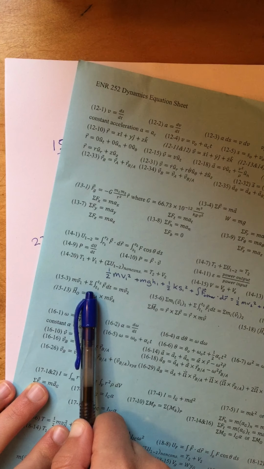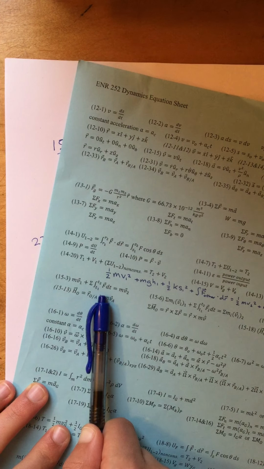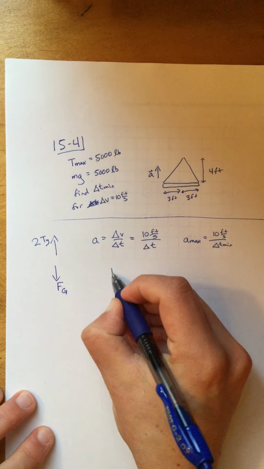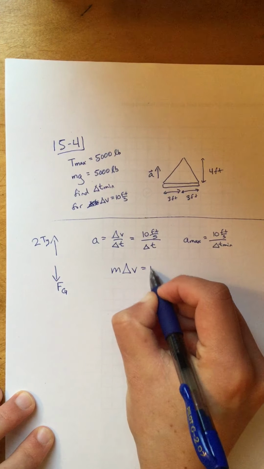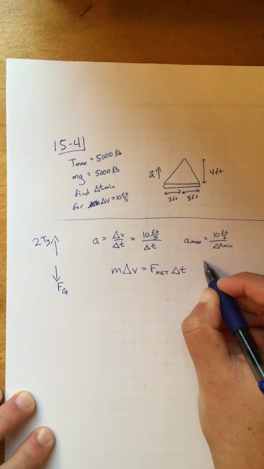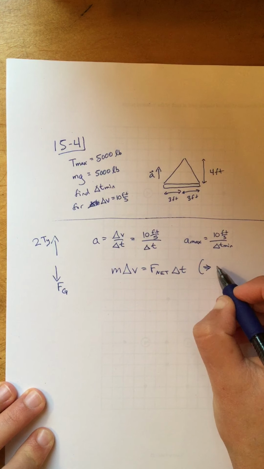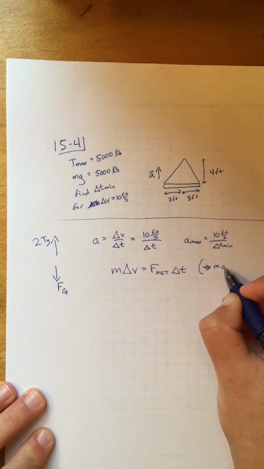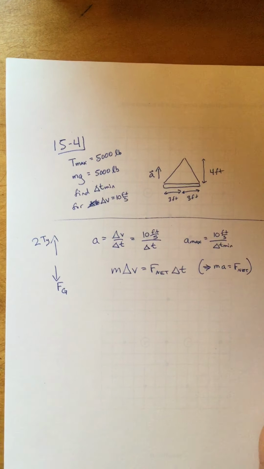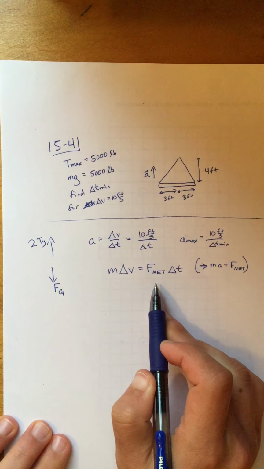It's a net force because of the sum that you have here, so it's net force times the integral of dt, which is just delta t. So we can rewrite that as m times delta v is equal to F net times delta t. And because this came from Newton's second law, if you bring the delta t over to the other side, that would be m times a is equal to F net, which is Newton's second law. So we're going to use this equation to solve the problem.